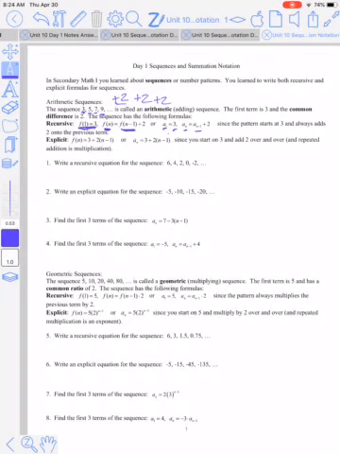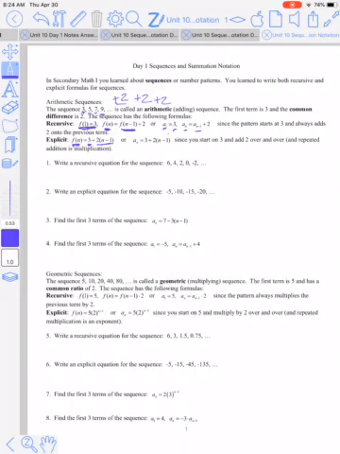So there's another way we can do it, which is called an explicit equation, which means you can just plug in what term you want, and it will produce what that number is. So here's one way to do it with function notation. You start out with your first or initial number, 3, so the first term, 3. Then you have your common difference, we added 2 every time, times n minus 1.